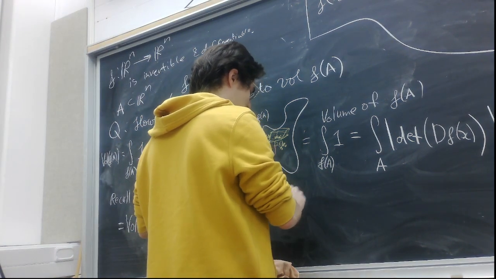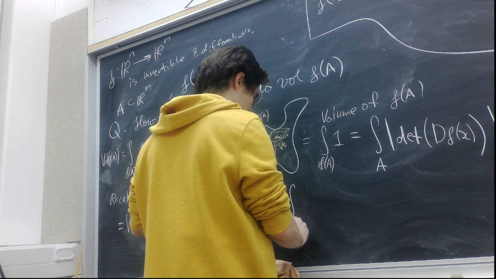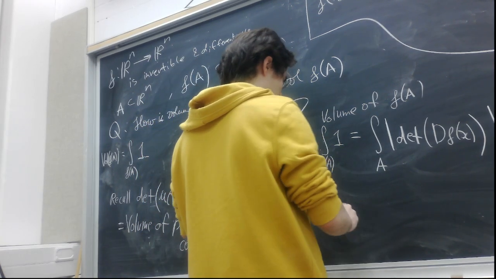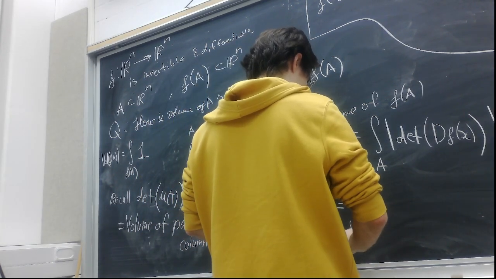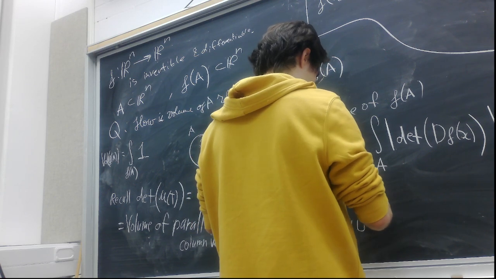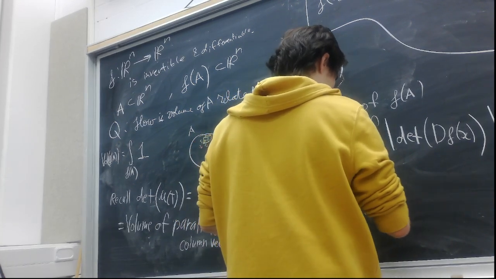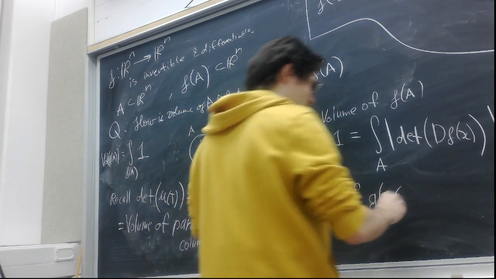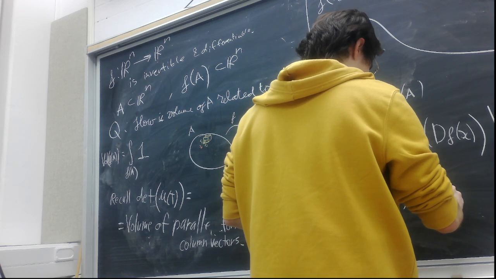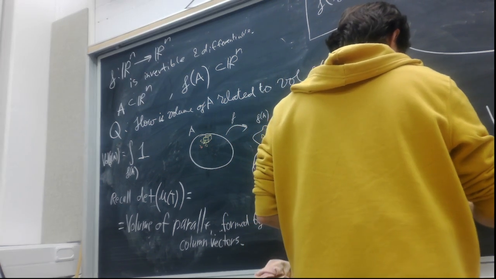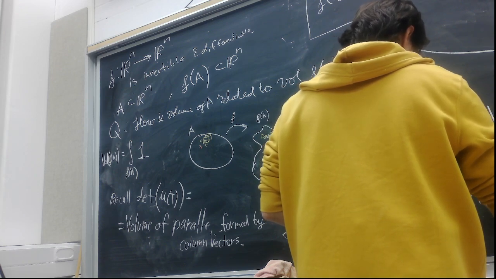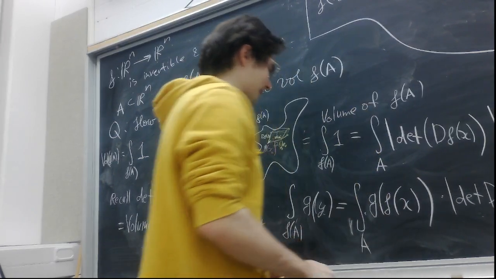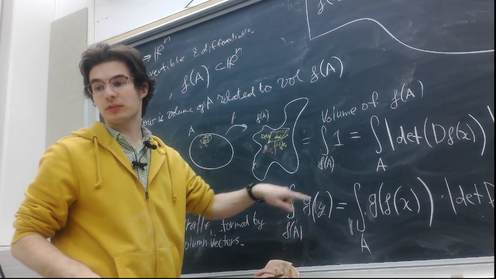In general, if I'm taking an integral of a function g of x over f of a, that has to be equal to the integral of g of f of x times the absolute value of the determinant of df at x over a. Okay, so this is the change of variables theorem.